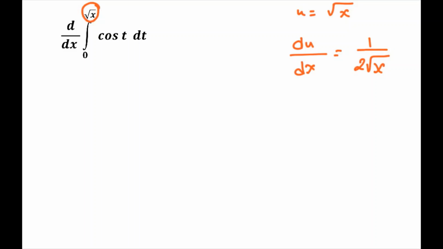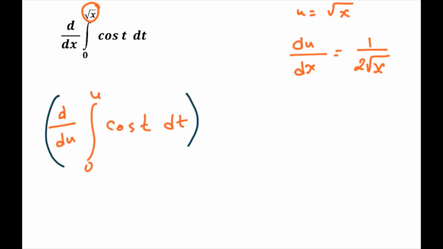So it will be d over du of the integral from 0 to u of cosine t dt, and all of this will be multiplied by the derivative, 1 over 2 square root of x.